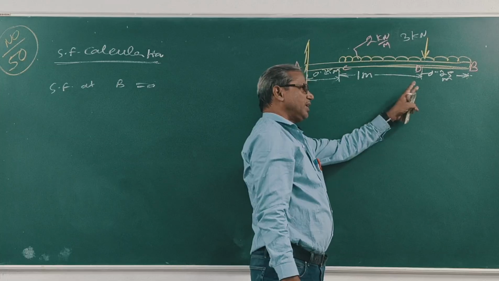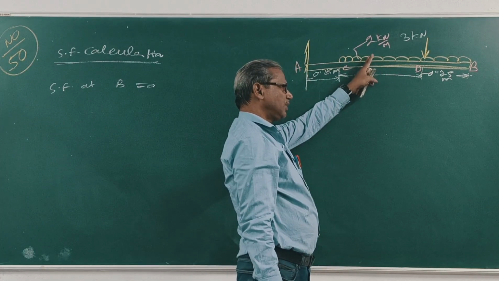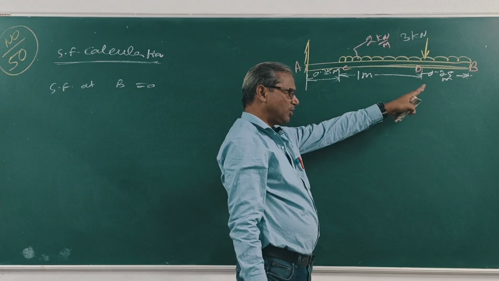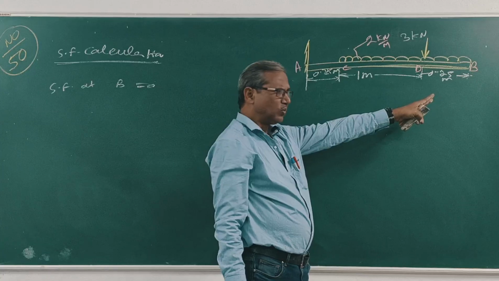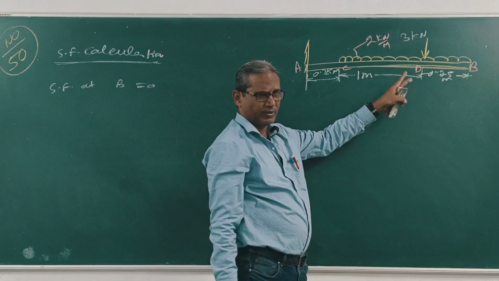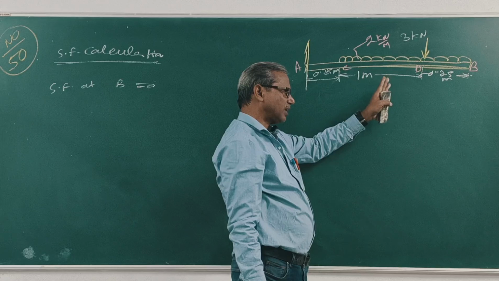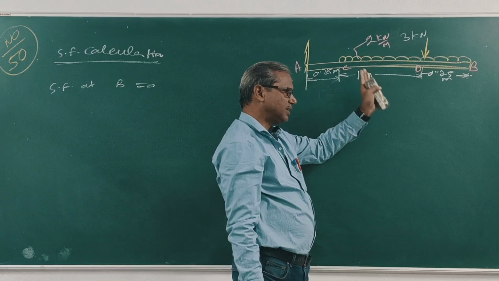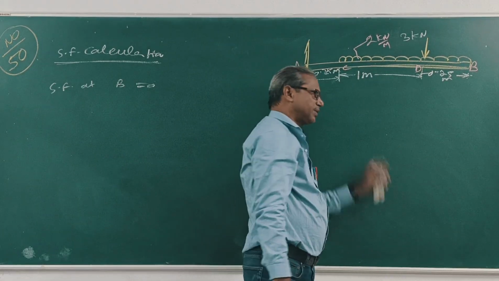Now from B to D, the load is 2 kN per meter for a length of 0.25 meter. At D, a point load of 3 kN is given. So find the shear force at D, just right and just left.